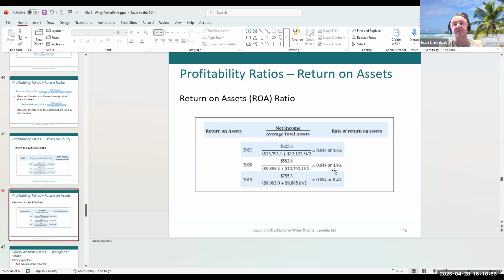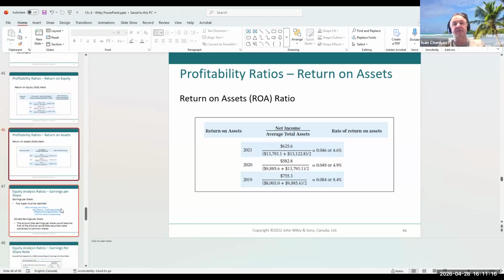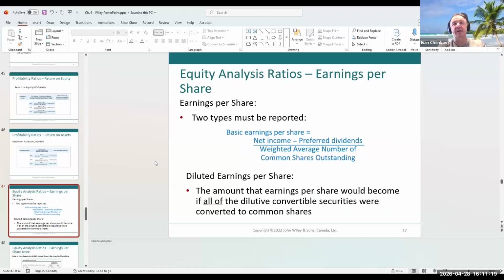On the return on assets ratio, from almost 8.5%, we dropped down to a little bit above 4.5%, so about a 4% decrease. So whatever we're doing with the assets, we're not generating enough income here. Partially maybe because of the interest that we pay, more interest that we pay.